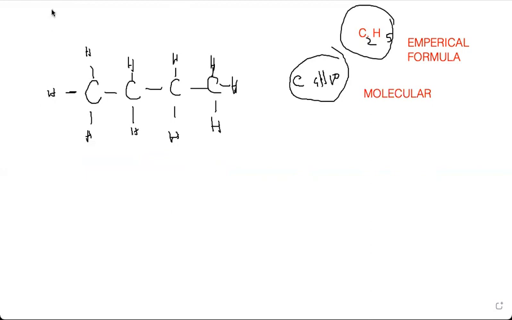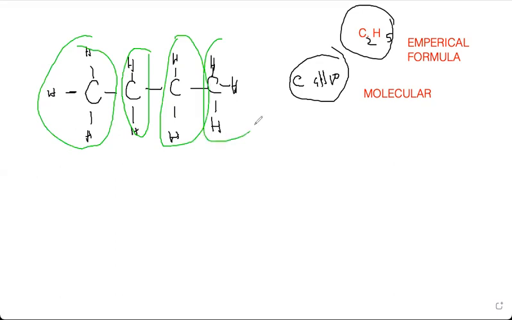butane. Let me show you. See, I can do like this. Let me change color for you so that let me select lightest color. Okay, see, you can pick this portion and then this portion and then this portion and then this portion and then you can write the formula.